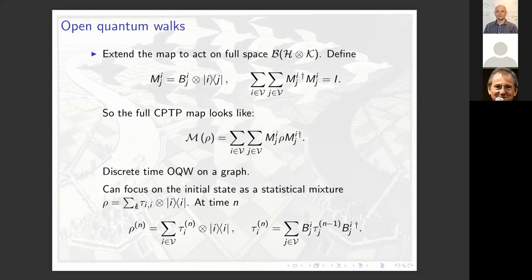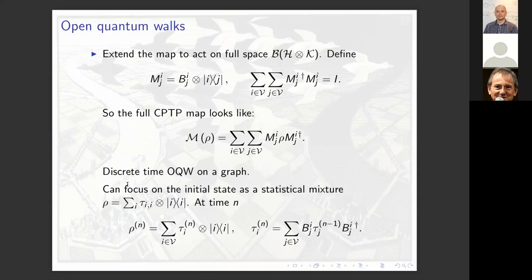For example, you can also sum over some index J, where this can be tau_ij, this vector can be I, and that one can be J. So you have highly mixed initial states. But what you'll find is that after a single application of the open quantum walk map M, all of that mixing goes away, and at the end of the day, you'll get some kind of expression that looks like that.